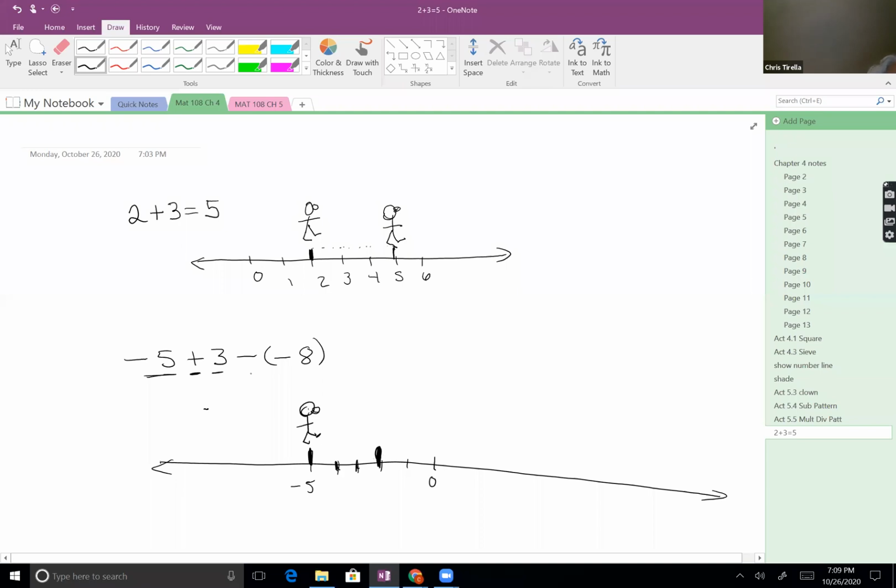Now we're subtracting, so he's going to turn around, because it's subtraction. And it's a -8. So now he's going to go backwards 8. 1, 2, 3, 4, 5, 6, 7, 8. And that takes us here, to +6.